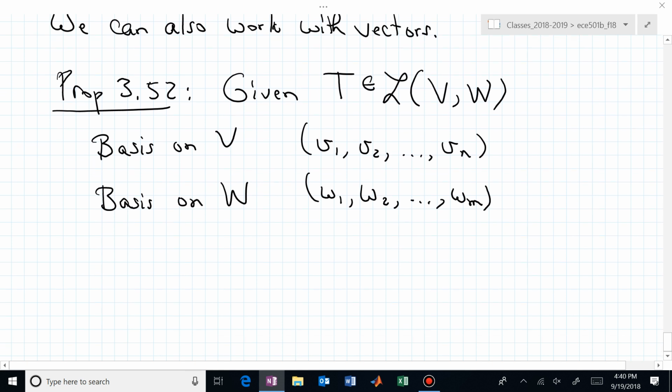Then the matrix representation of Tv will be a vector, and that had better be equal to the matrix representation of T times the matrix representation of v.